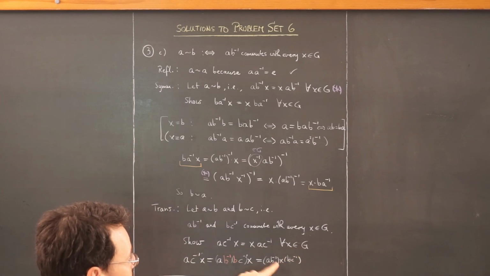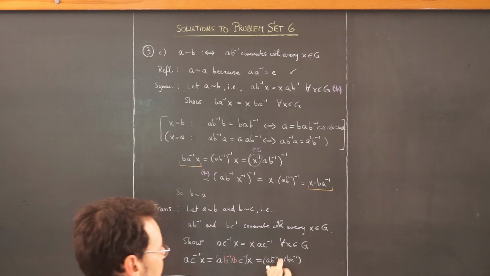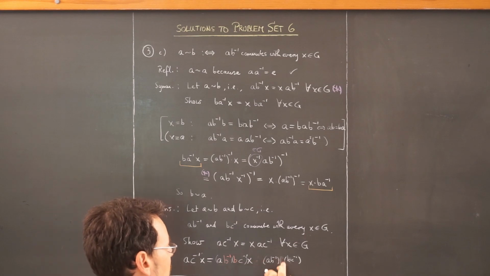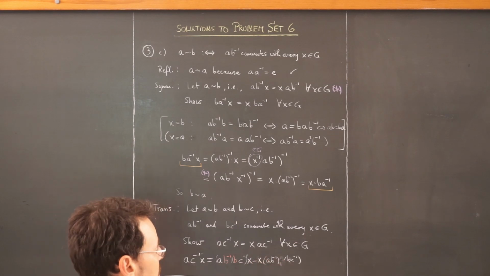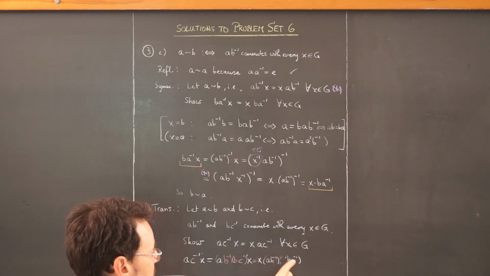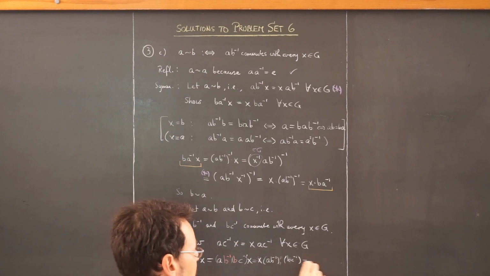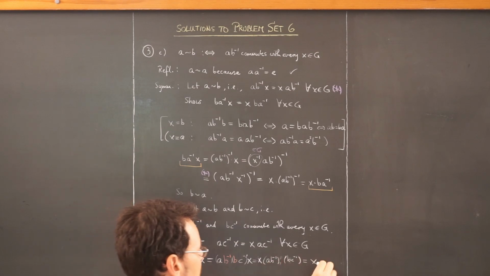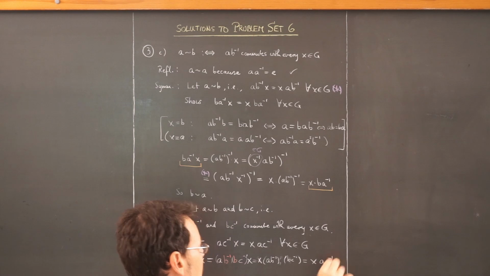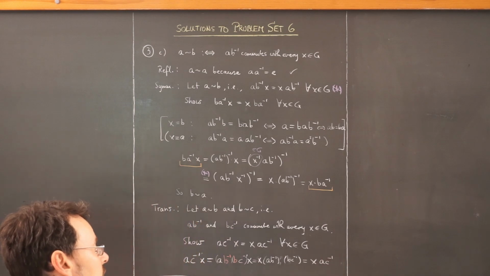And then again, because AB inverse commutes with every X, I can switch these places, and then I cancel out the B inverse and B, and I end up with X AC inverse.